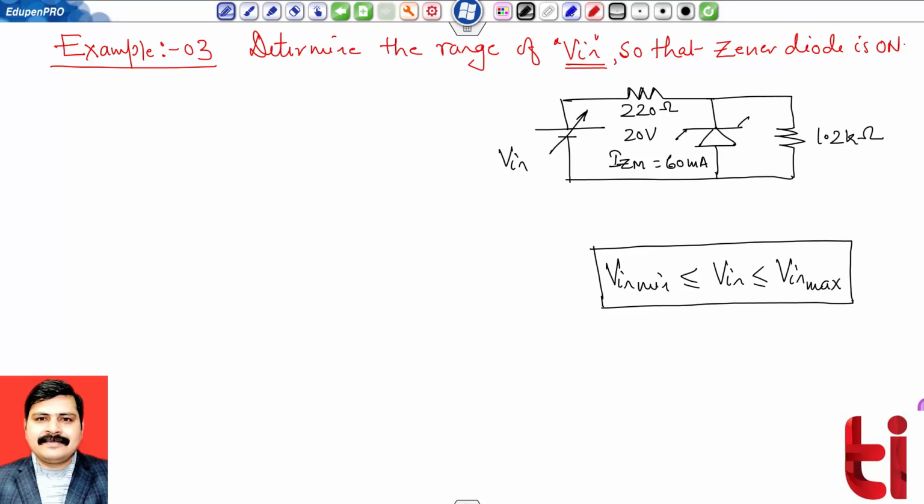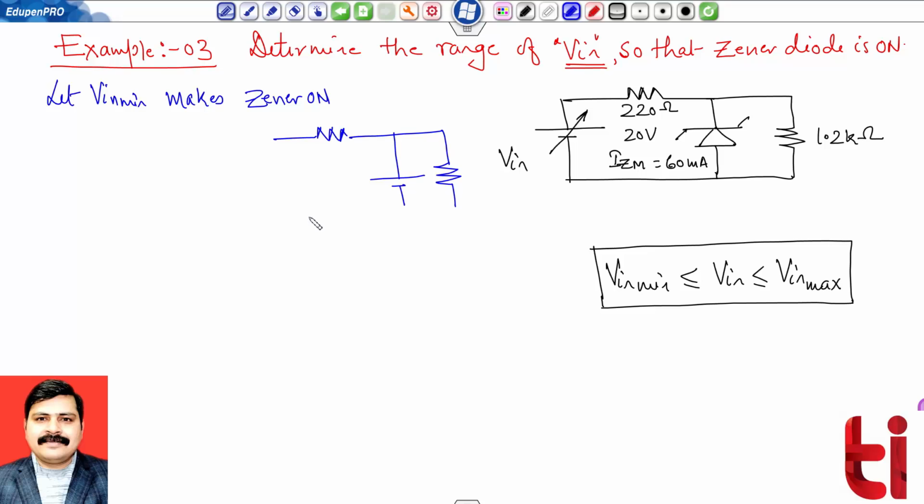So again, we are taking the assumption: let Vin min make Zener on. And let me draw this circuit also, which is ensuring that Zener is on, and in that the Zener will be replaced by a battery of value equivalent to the Zener potential.